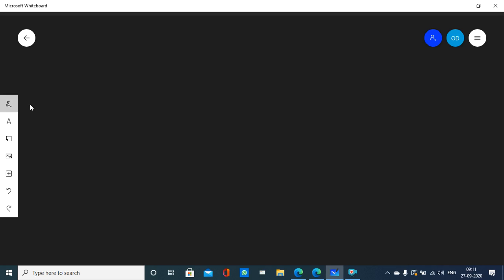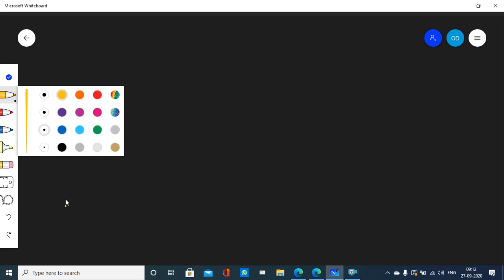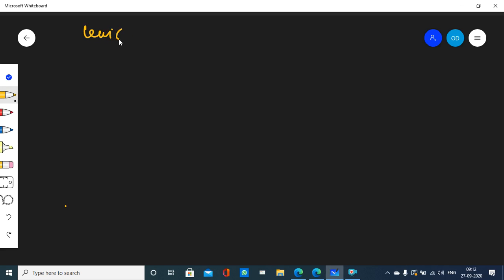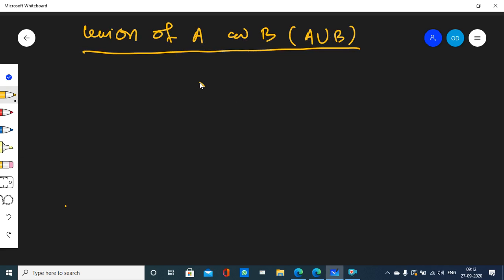Okay, so let me just draw the Venn diagram so that you can remember what we discussed, what we have already covered so far. First is union of A and B. A union B. What is the Venn diagram? This is set A, this set B. Okay.